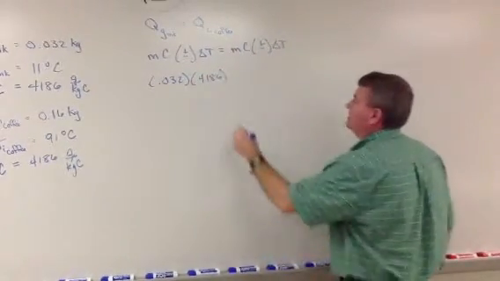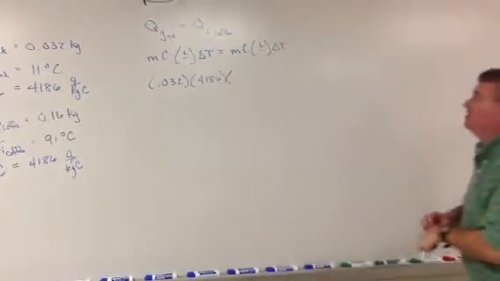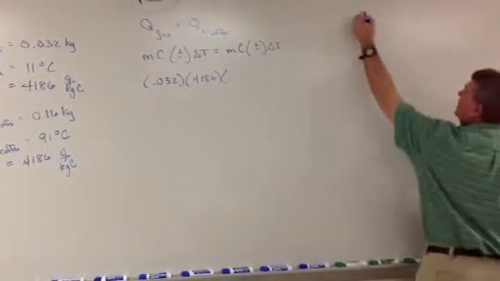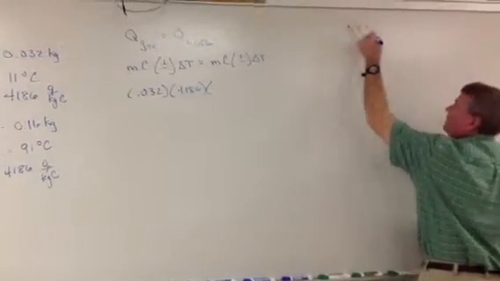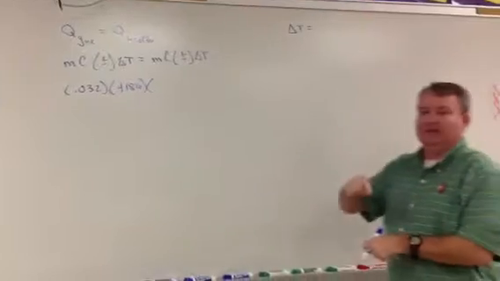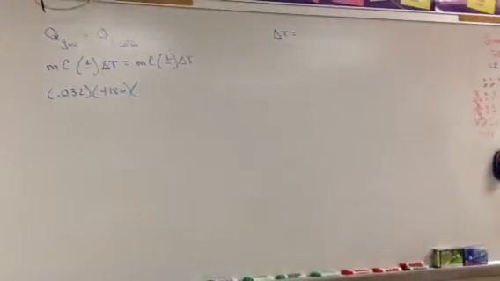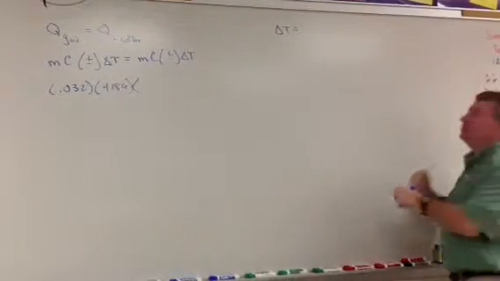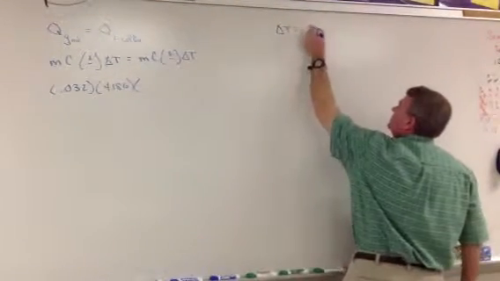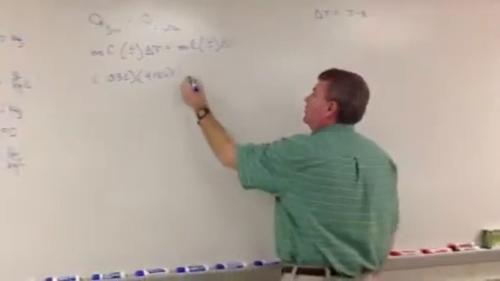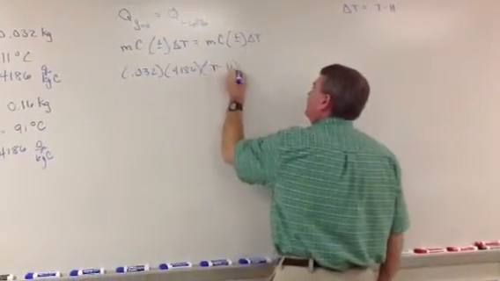Specific heat is 4186. And now we have to think about the change in temperature. This is where the plus or minus comes into play. The milk is warming up from 11 degrees to some equilibrium temperature. So that equilibrium temperature minus 11 is going to be the change. So we put T minus 11 here.